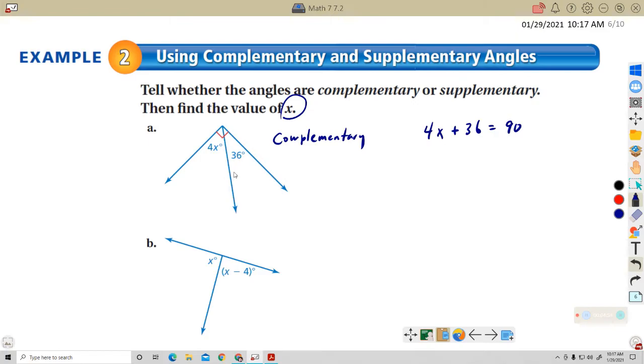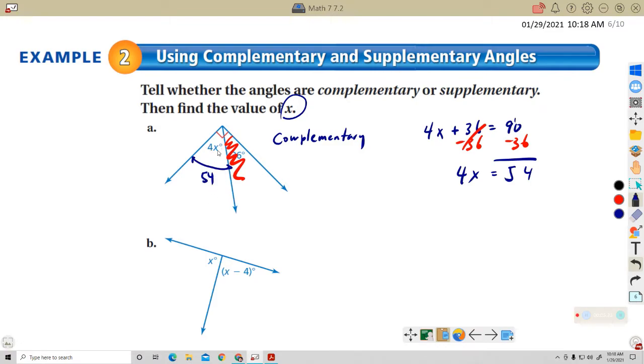But you can see, if I take the 36 away from the 90, I'm going to do that here and here. So 10 minus 6 is 4, and 8 minus 3 is 5. So 4x equals 54. So this angle is 54.